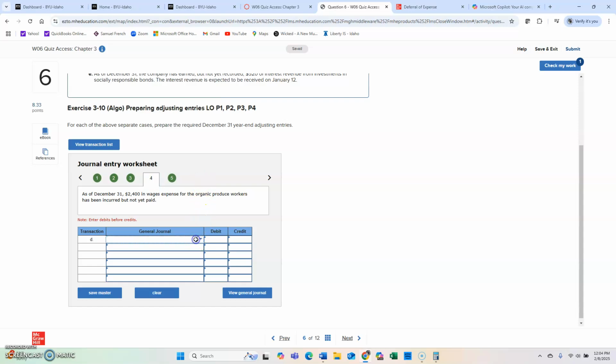So we're going to first start in our wages expense, because expenses, their normal balance is a debit. So we're going to put $2,400 there. And then we have a wages payable. We owe them money. And they are a credit because they are a liability and their normal balance is a credit. So $2,400 there.